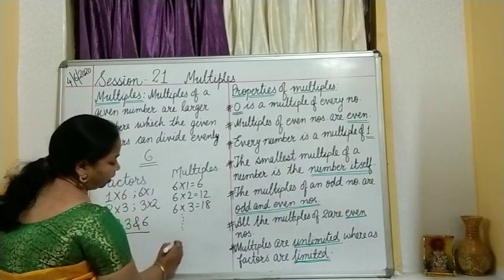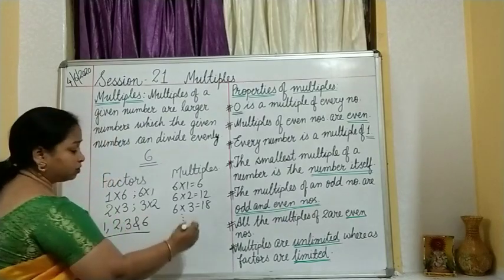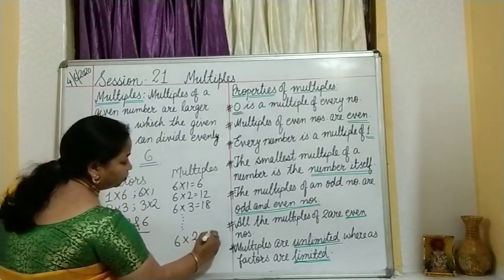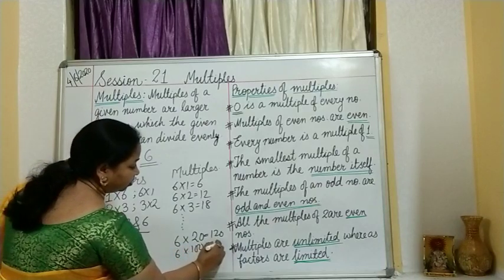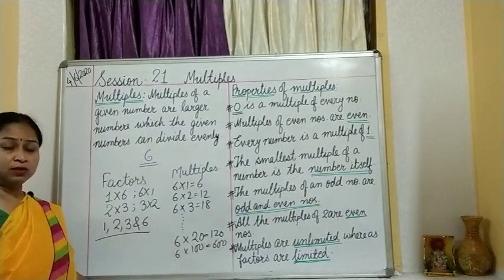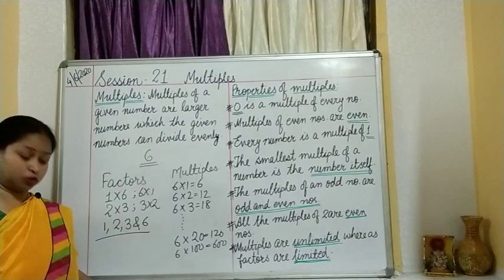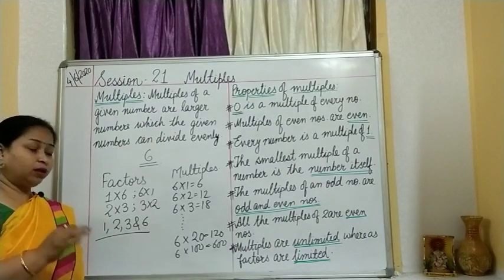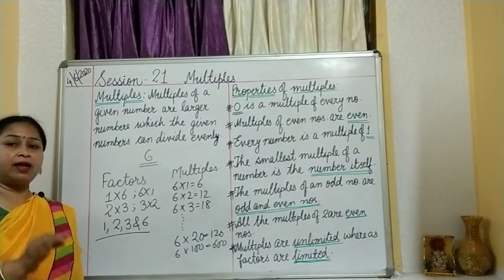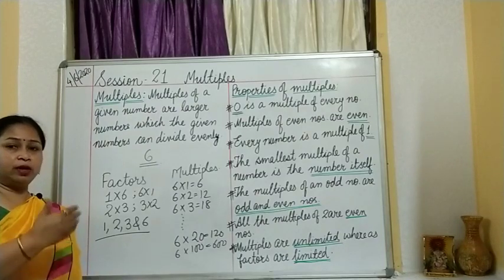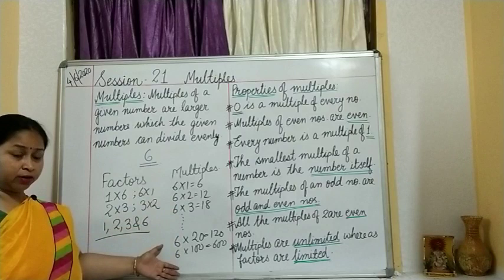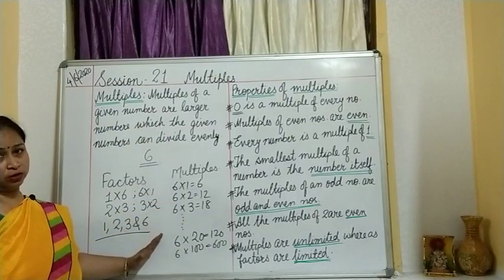Go on, and then 6 twenties are 120. 6 hundreds are 600. 6 lakhs, 6 crores. So there is no ending for that, and it is an unlimited process. You can go on multiplying and you will get unlimited results.